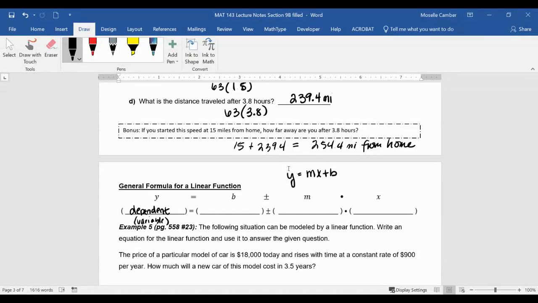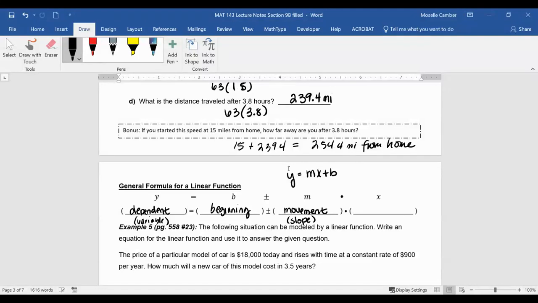Your b is your beginning. So where you start. Like in this bonus question, it would be that 15, because that's how far you started from home when you got to that speed. So this is your beginning value. M is how much you've moved. This is your slope.